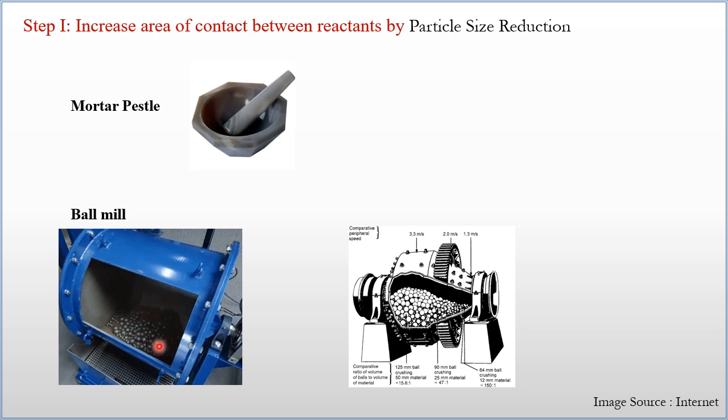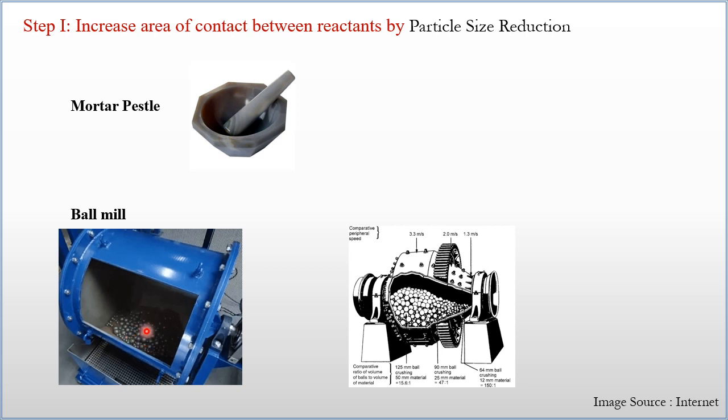You put your reactants within this chamber. Then this chamber is moved at a specific RPM, that is rotations per minute, for the time which you choose. Usually it is 8 hours, 12 hours, depending upon the reactants you are taking.